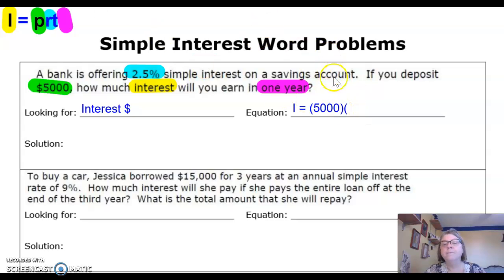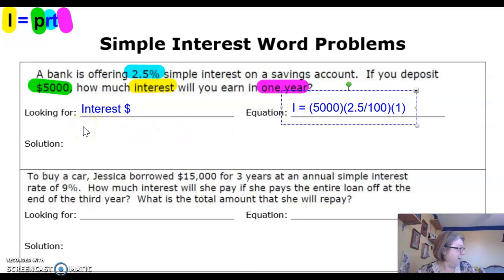You can type it in the calculator like this, 2.5 divided by 100, because that's how the percent translates. And then my time is 1. That's my equation. All of my numbers are on one side. My variable is on the left side.